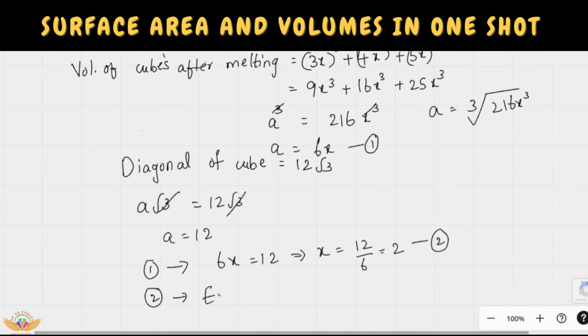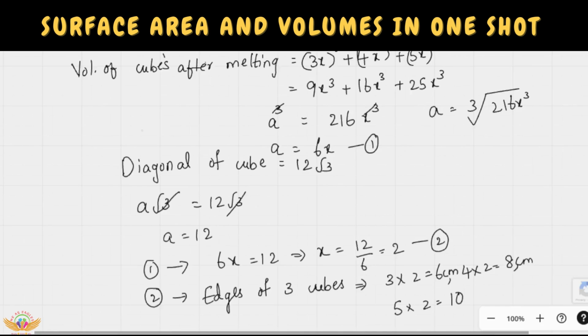So the edges of all the 3 cubes, I'm just writing it in one step. That is 3 into 2, that is equal to 6, and 4 into 2, that is equal to 8, and 5 into 2, that is equal to 10. These are the edges of the solid.